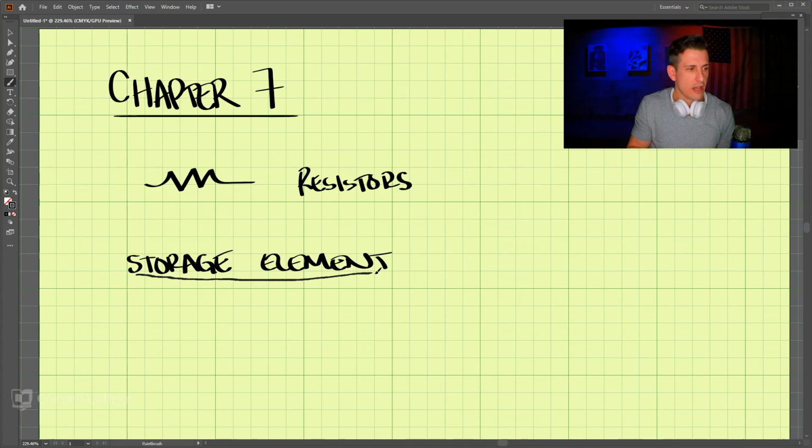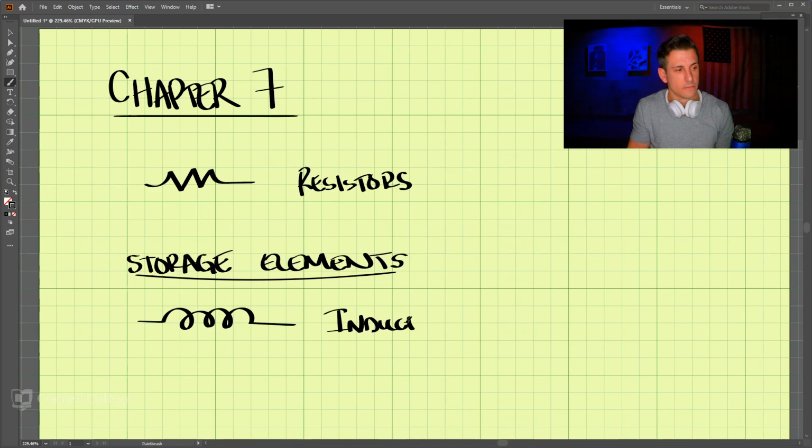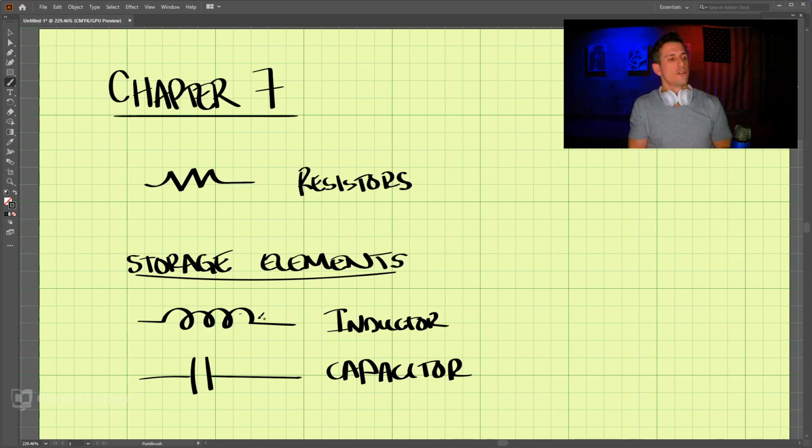And the storage elements we have are the inductor, and also the capacitor. Okay, so we have the inductor, the capacitor, and the resistor.